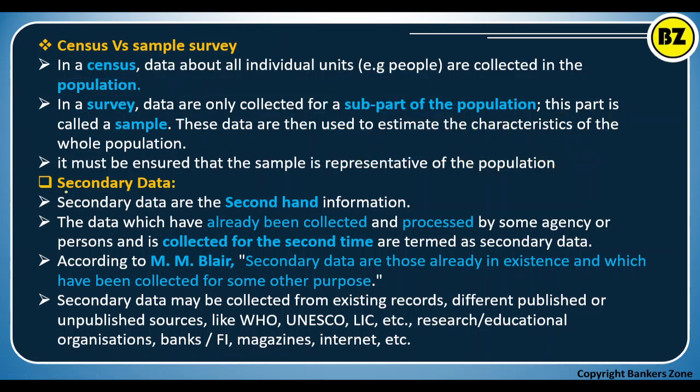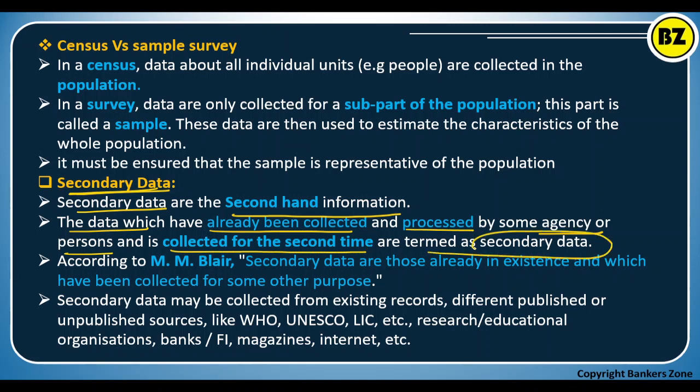Now secondary data. What is primary data? We have learned. What is secondary data? Secondary data is nothing but second-hand information, the data which has already been collected and processed by some agency or person, and it is collected for a second time. It is termed as secondary data.